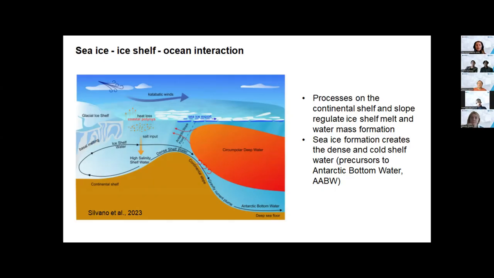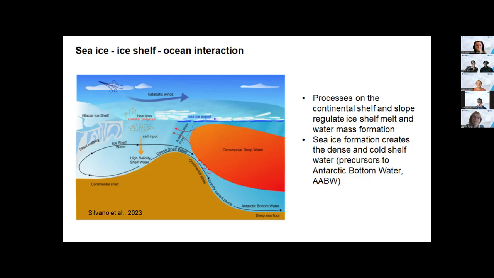Just a quick introduction into our study region. We're mainly interested in the processes on the continental shelf and slopes. Most participants in the work package are oceanographers, and the shelves and slopes are very important in regulating ice shelf melt and water mass formation, for example.